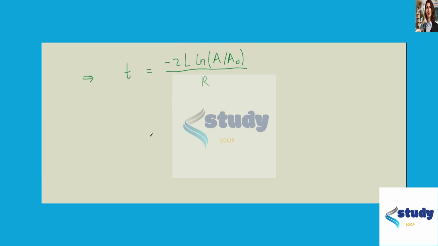And again, these values are all known. That's minus 2 times the inductance of 22 times 10 to the minus 3 henry times the natural log, and A over A naught is 0.1, since the amplitude drops to 10% of its initial value.